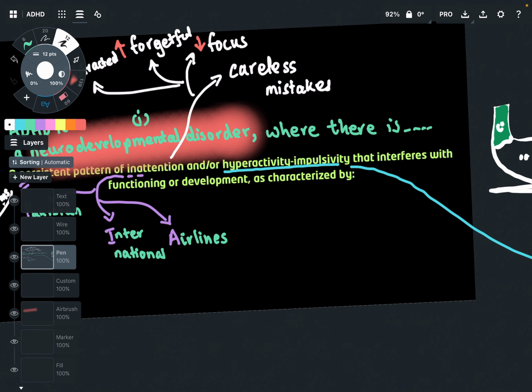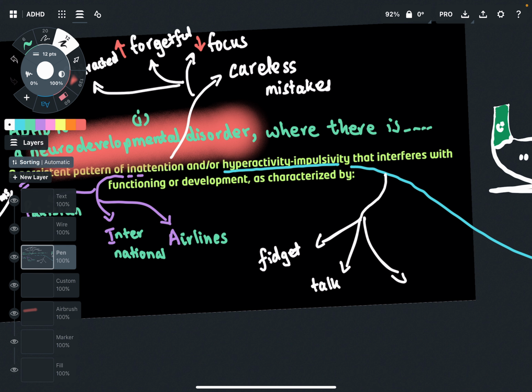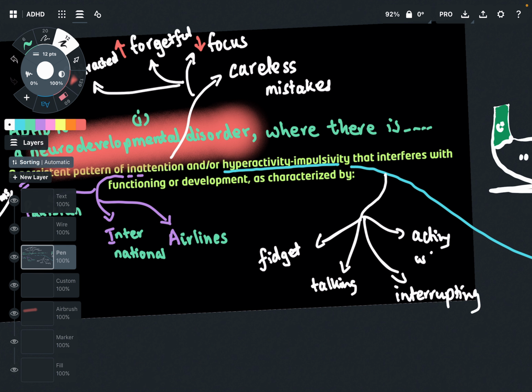The hyperactivity impulsivity, let me branch it out like this, and that involves fidgeting a lot, talking excessively, interrupting people whilst they are speaking, and acting without thinking.